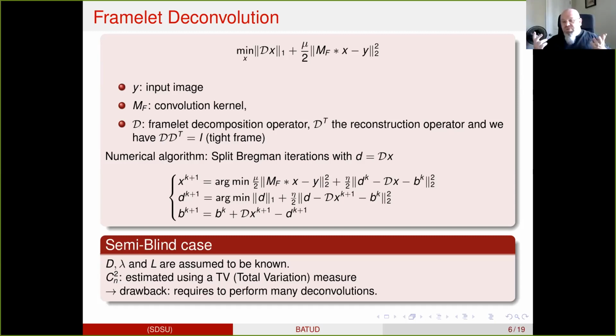And you can very easily imagine that for military application, if you are looking at a target which is at a certain distance, you will not send someone just to put the sensor there and be able to measure the Cn square. That's not possible in practice. So for a military application, measuring the Cn square is not possible. Okay, so that's as easy as that.